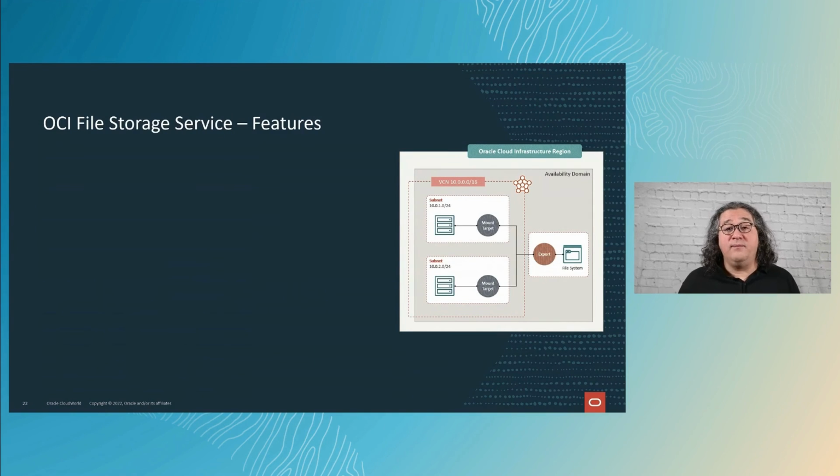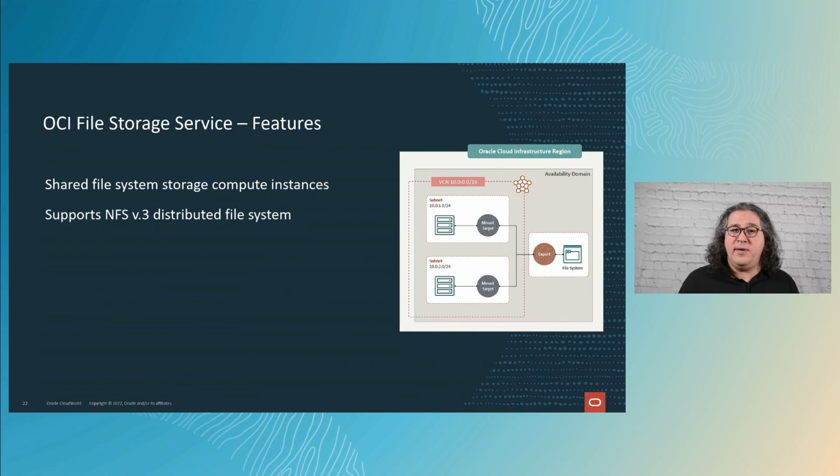Because it offers a shared file system for compute instances and supports NFS 3, you might be thinking how that would be different from a Linux running an NFS server. It's quite more powerful. It's a fully managed service that ensures data durability through 5-way replicated storage across several fault domains.